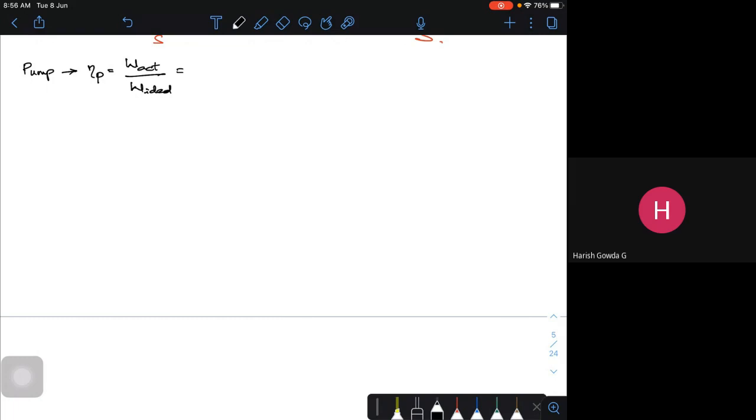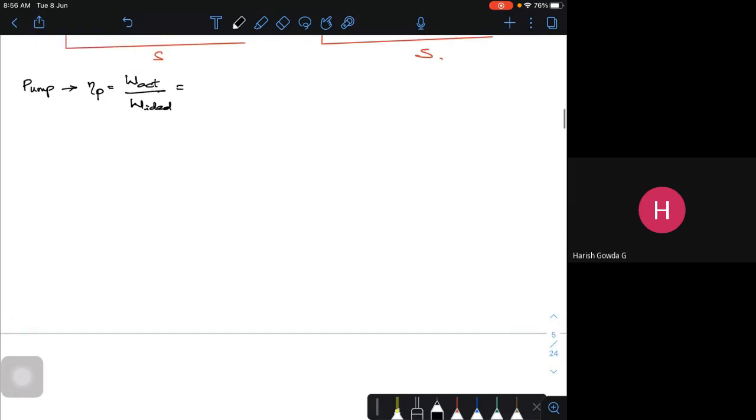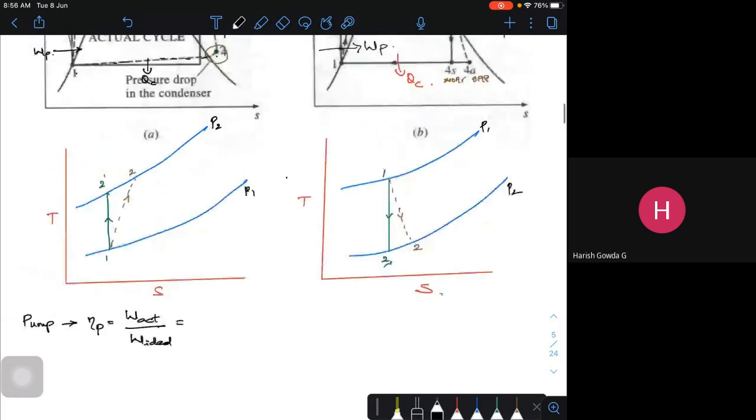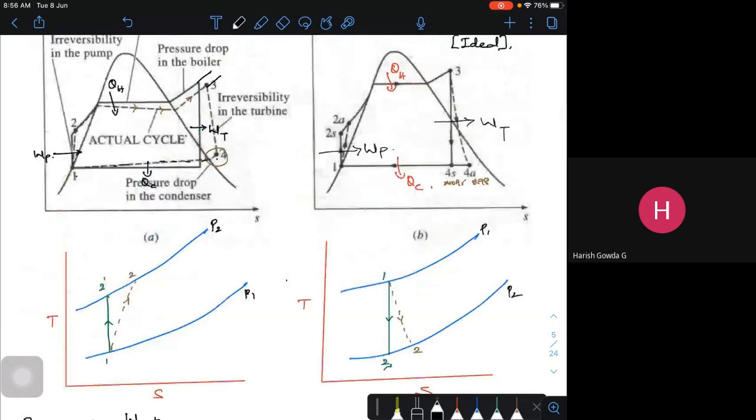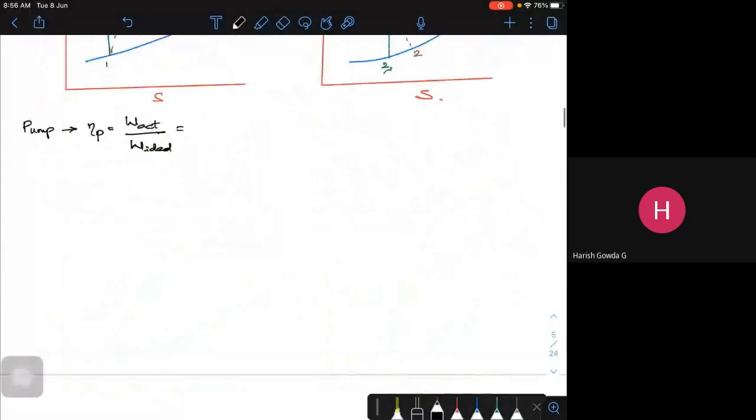If I try to express it in terms of enthalpies, it is (H2S minus H1) divided by (H2A minus H1). For a work absorbing device like the pump, this will be ideal to actual.